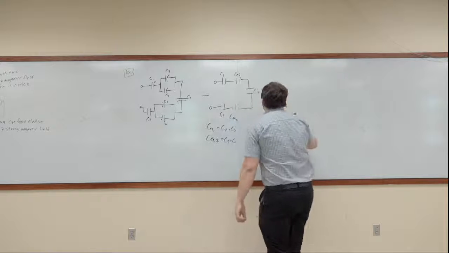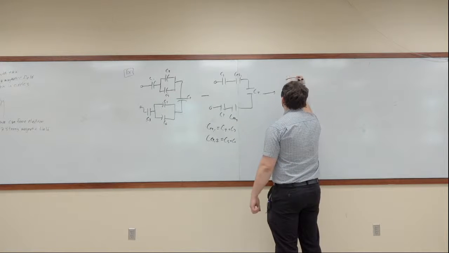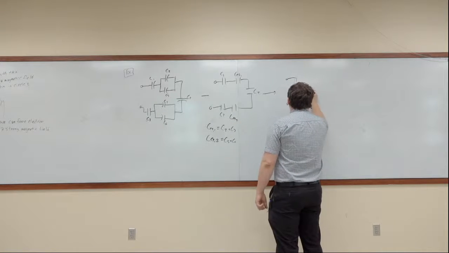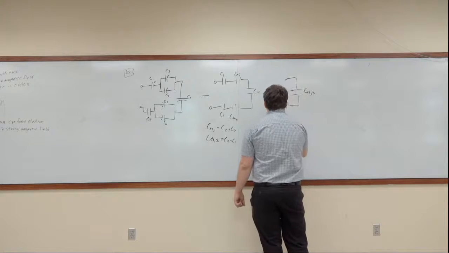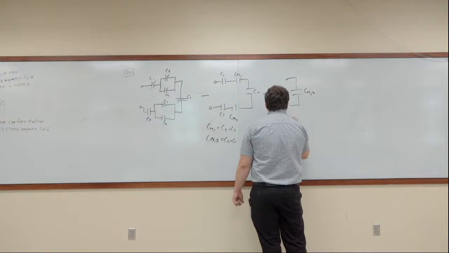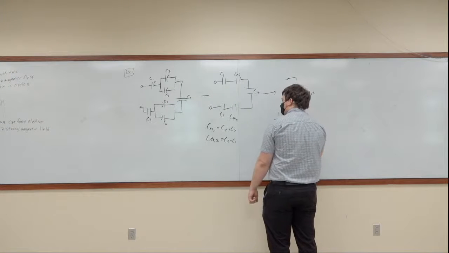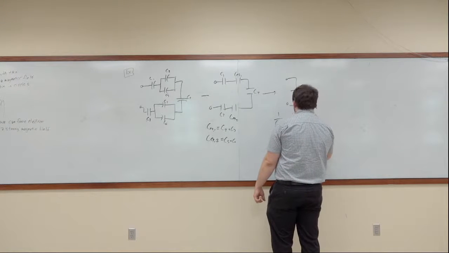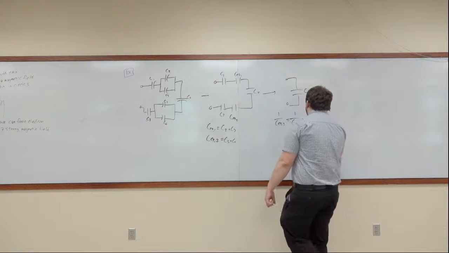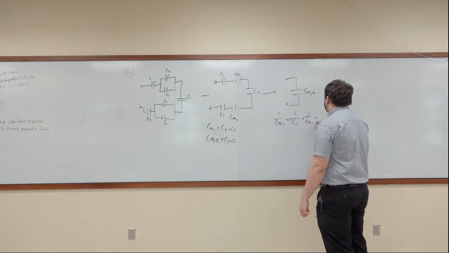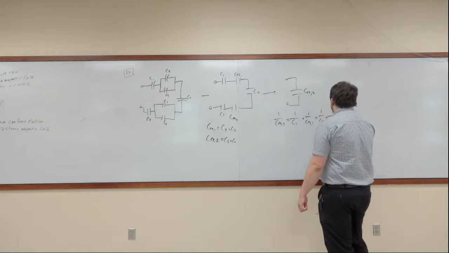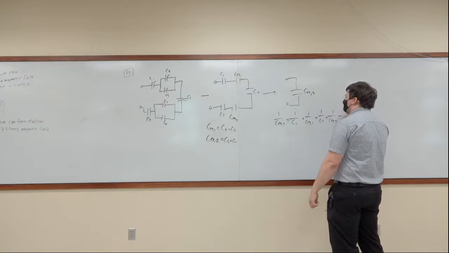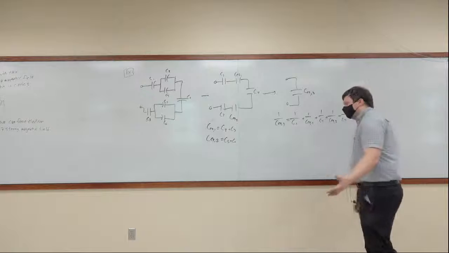Then we combine them all in series to form just one, CEQ3, where 1 over CEQ3 is equal to 1 over C1 plus 1 over CEQ1 plus 1 over C4 plus 1 over CEQ2 plus 1 over C7, okay?